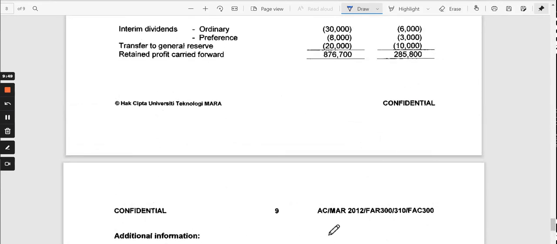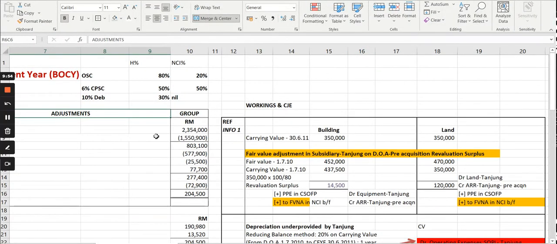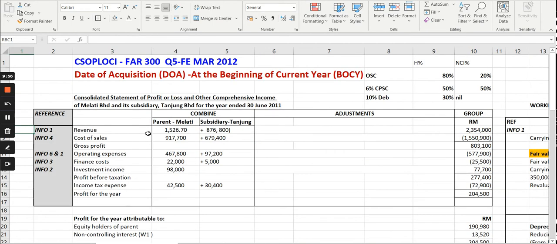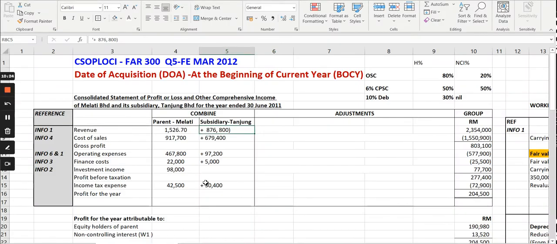I've already combined for you the revenue of the parent with the revenue of the subsidiary. This is from the part of the question where we combine the section of Melati with the section of Tanjung. If you do that combination, you have already gotten some marks for this particular question, if this is your question in the exam.